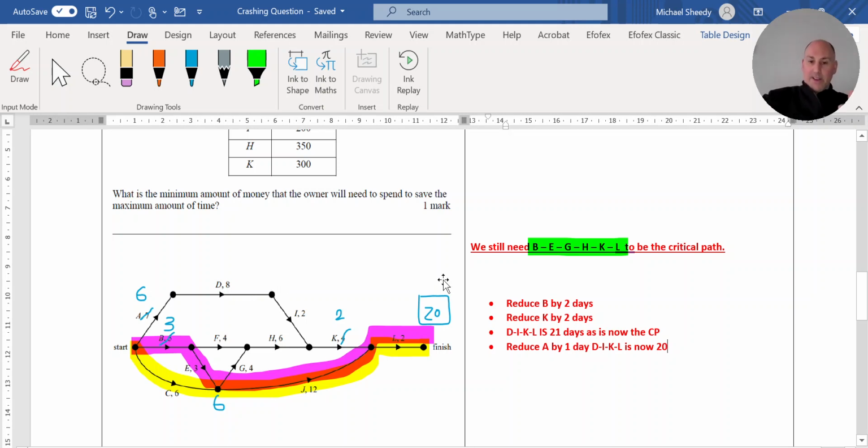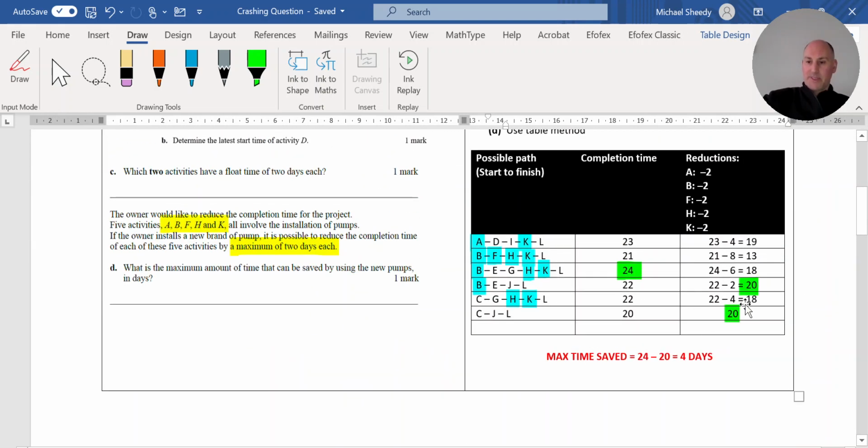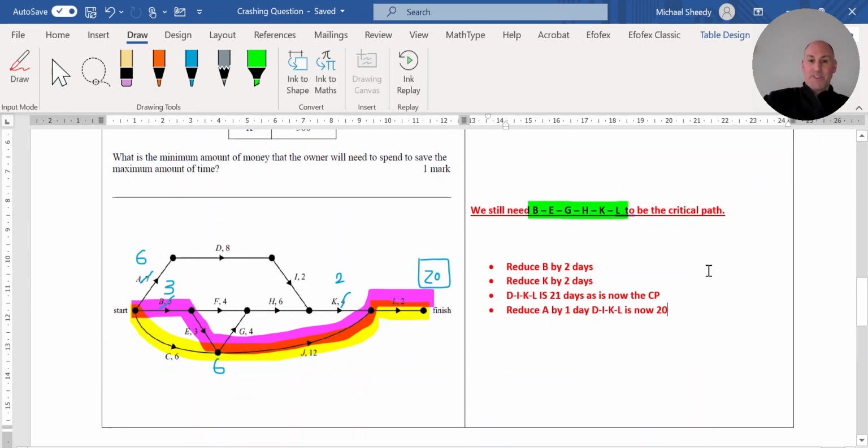However, I got it down to 20. All critical paths now are 20, which was my aim from this table. This table method was telling me I could get the critical path down to 20, and we just needed to figure out all the reductions possible so that I can get the critical path, or paths in this case, all down to 20. There are multiple critical paths, but they are now all down to 20.